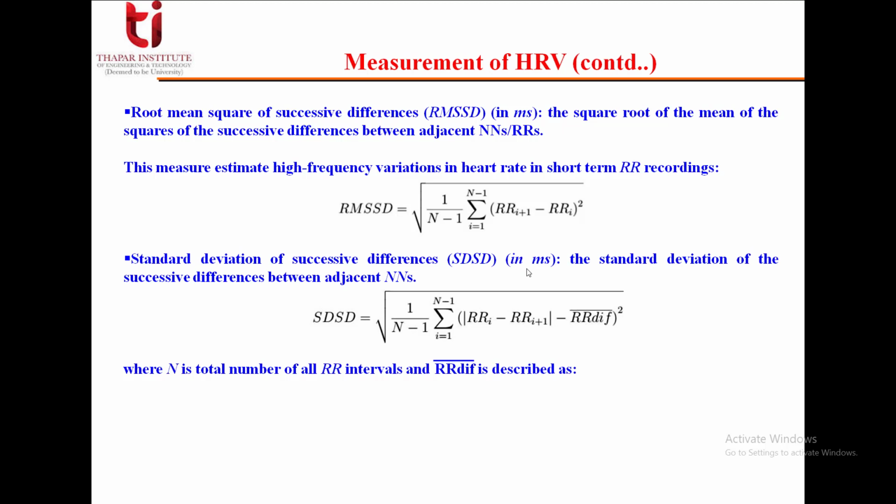Again, it will be measured in milliseconds, and it is the standard deviation of the successive differences between adjacent NN intervals, and it is given as SDSD.